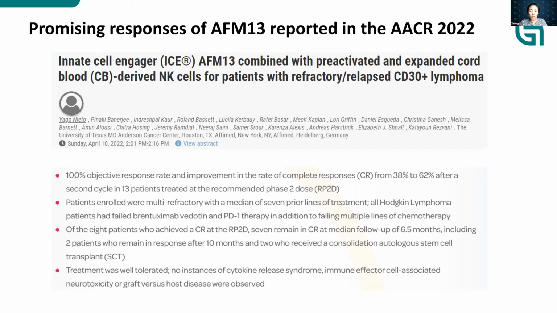What is new and impressive about this report and the study result is that this new antibody is able to achieve a 100% response rate among these patients.